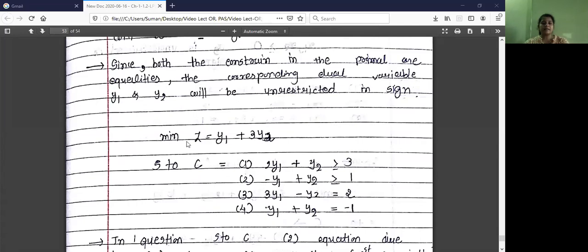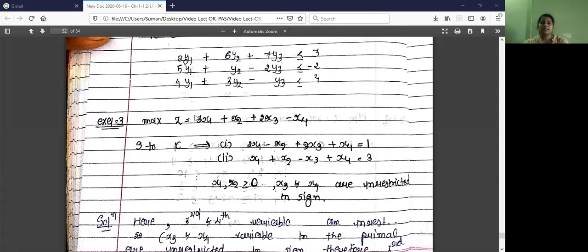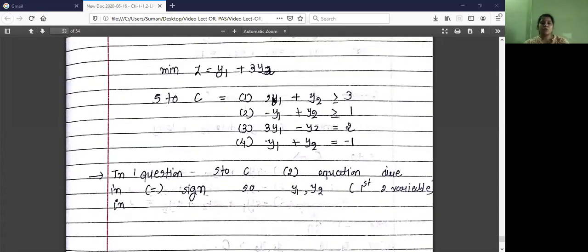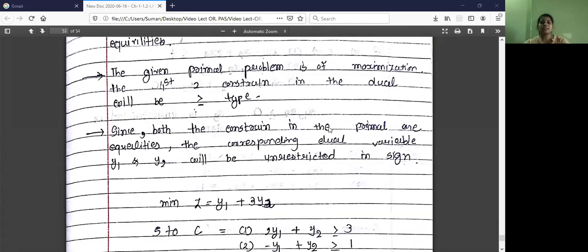So first, our question is maximization of z, so we write minimize z is equal to... We have 4 variables in our objective function, so we have 4 constraint equations in our dual.